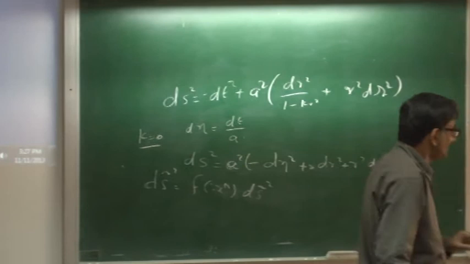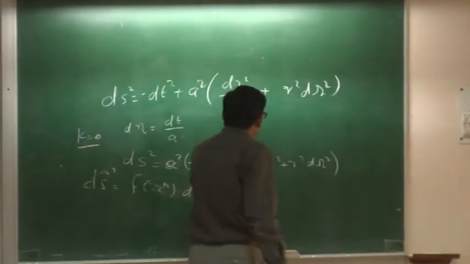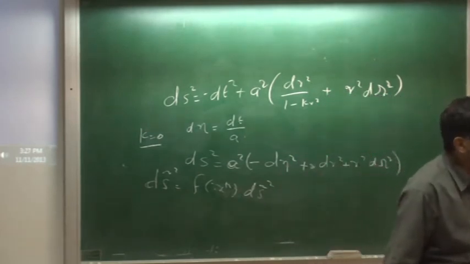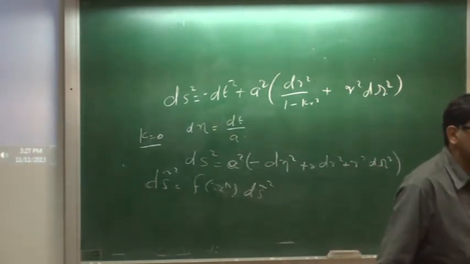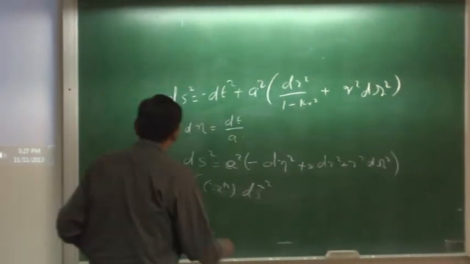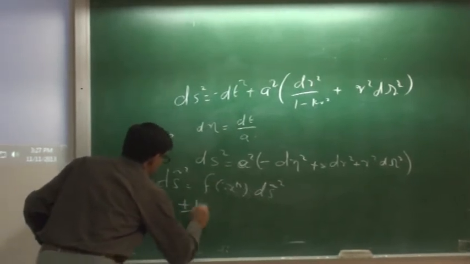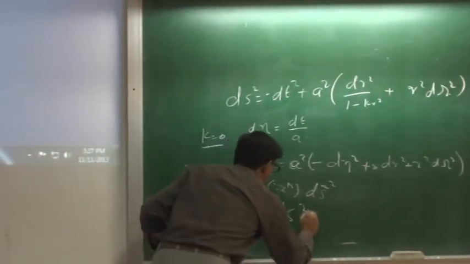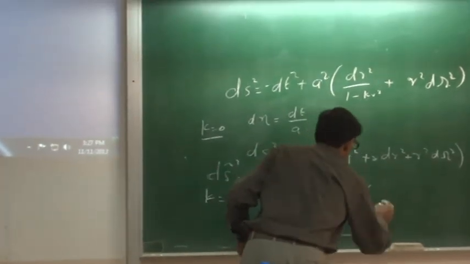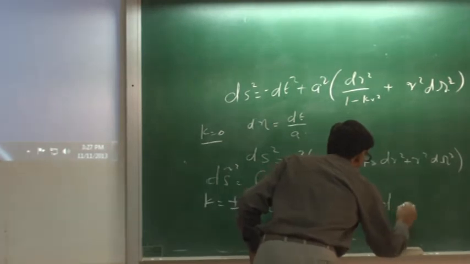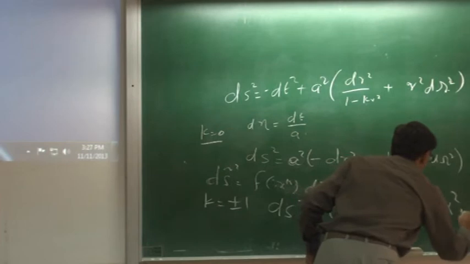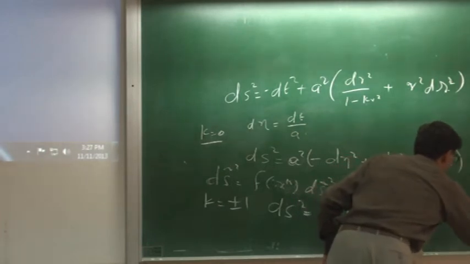It turns out that even when k equal to plus 1 or minus 1, I can make a coordinate transformation from r, t to a new set of coordinates, some capital T, capital X, in terms of which I can still write, even for k equal to plus minus 1, ds square equal to a square times some minus dT square plus dX square plus X square d omega square.